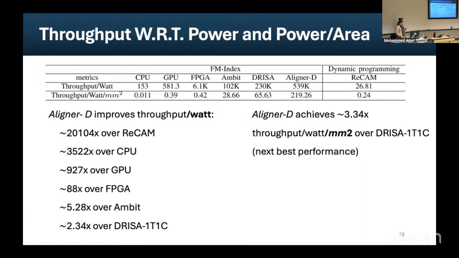And then our throughput with respect to the power and power per unit area. Again, we're significantly outperforming most of the other processing and memory architectures. This is the only other architecture that is notably closer.